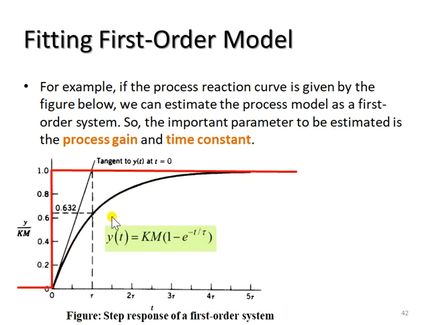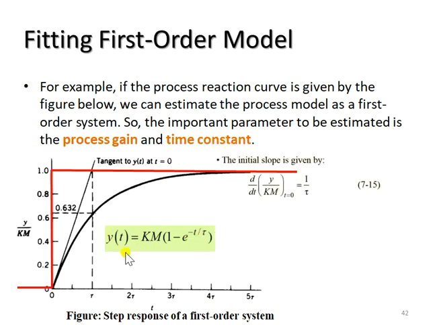So if we look at the previously described output response, we can observe that we need to find two parameters, which are the process gain K and the time constant tau.